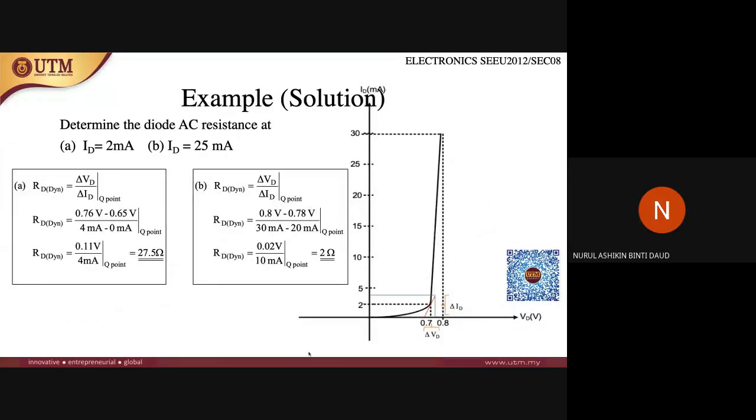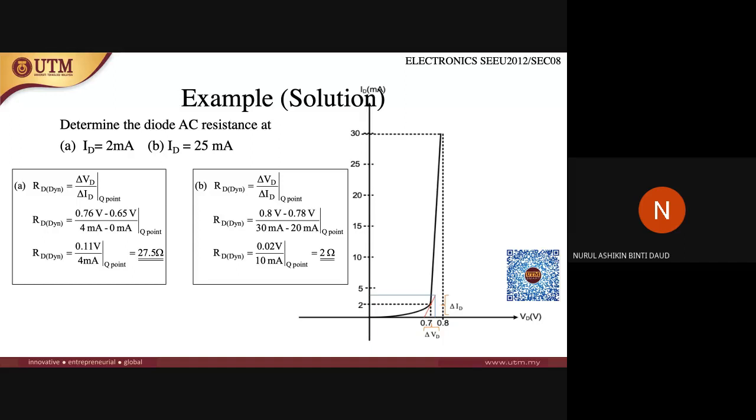You ingat tak macam masa kita learn maths dulu, when we learn our maths, if you want to make gradient, you should make sure it is of course straight line kan, but it is best if the point ni touch to the line, and then macam contoh I take another example.